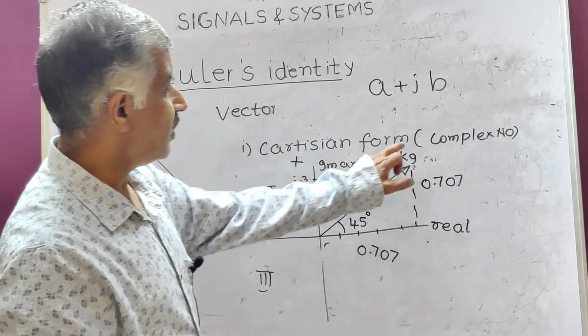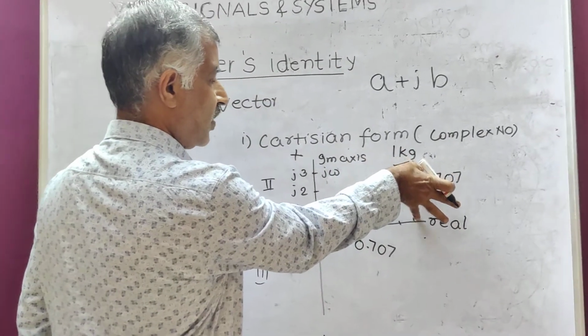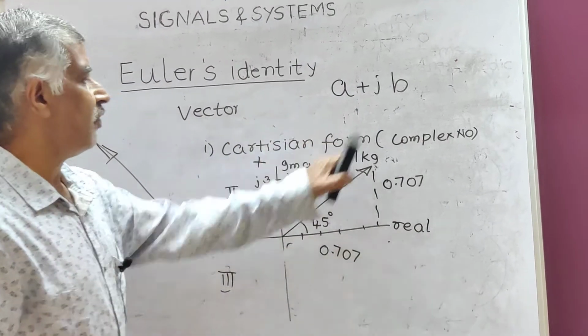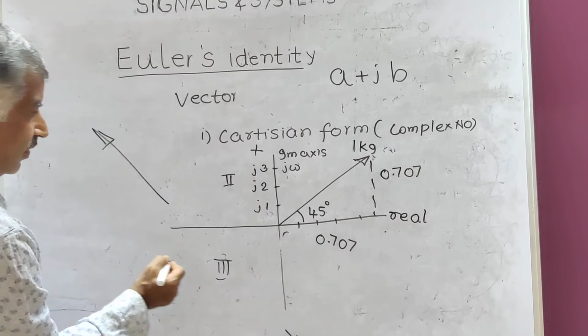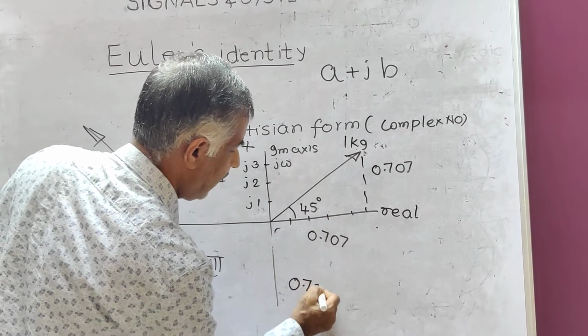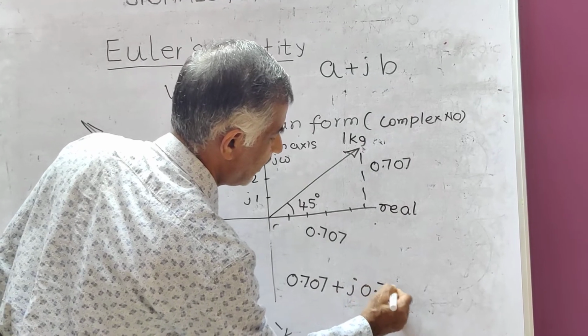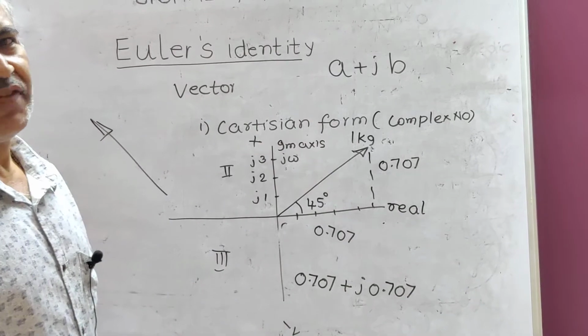But for this, we have to attach the j sign because this portion is perpendicular to this. In Cartesian form, we represent this phasor as 0.707 plus j 0.707. This is what is called Cartesian form.